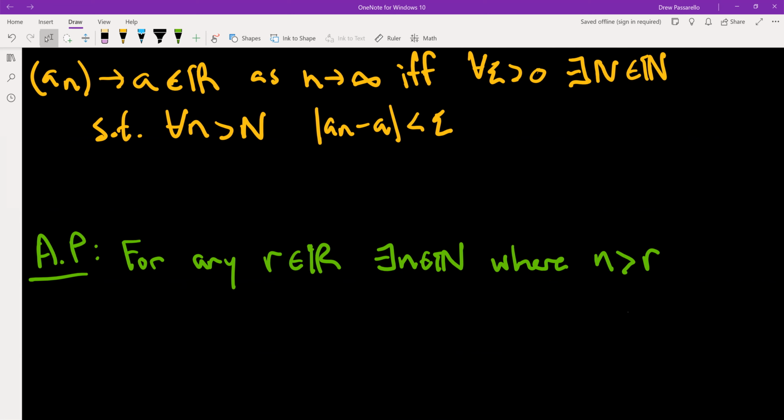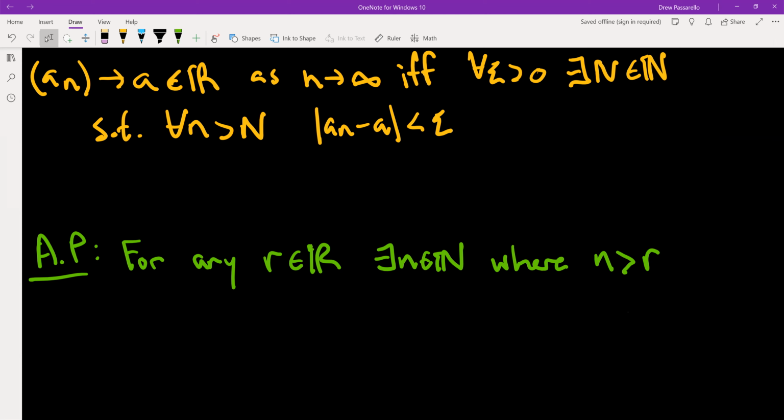In some of these it has become such common knowledge that you don't even necessarily need to reference it, but I will for these proofs. The Archimedean principle just says that for any real number R, there exists some natural number that is bigger than R. Based on that, we can find this capital N, and it's going to be dependent on our epsilon value.